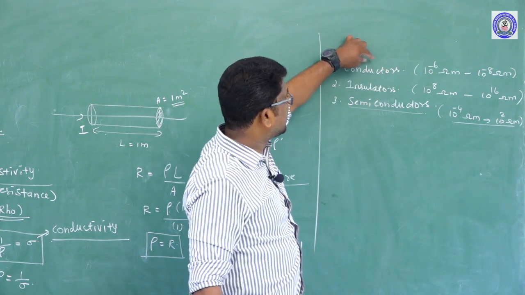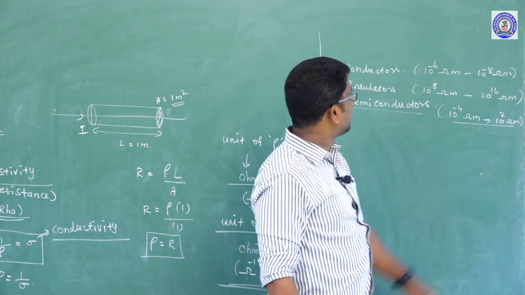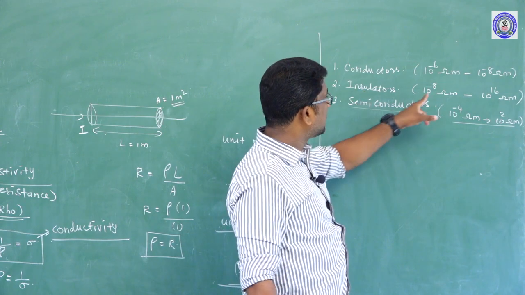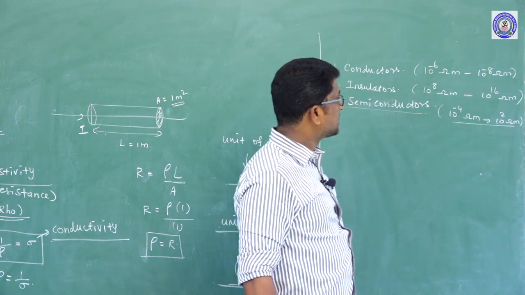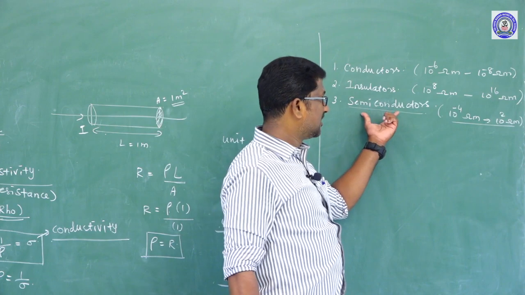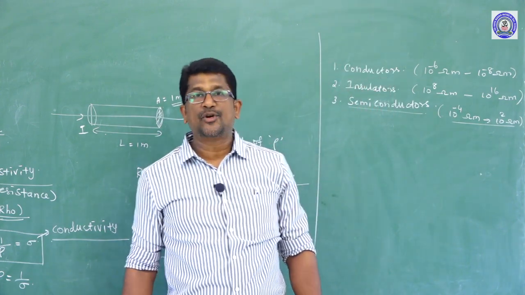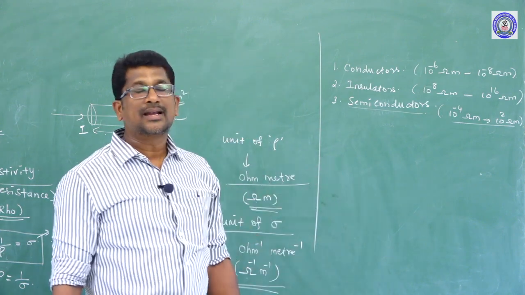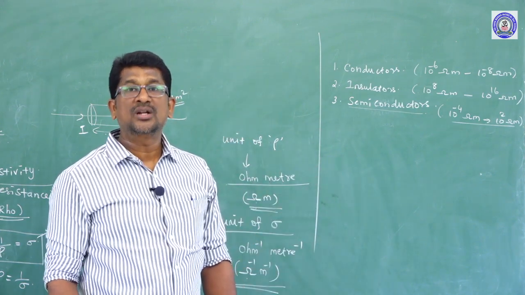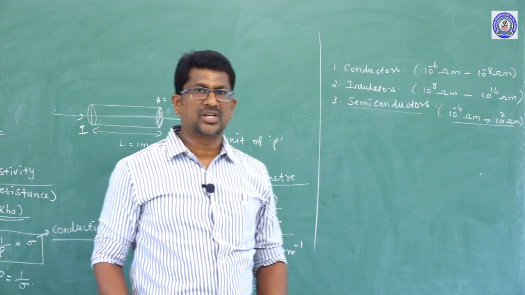So, conductor resistivity range is 10 power minus 6 to 10 power minus 8. Insulator resistivity range is 10 power plus 8 to 10 power plus 16 ohm meter, and semiconductor resistivity range is from 10 power minus 4 ohm meter to 10 power plus 2 ohm meter. So, these are classifications of a material based on resistivity, right.